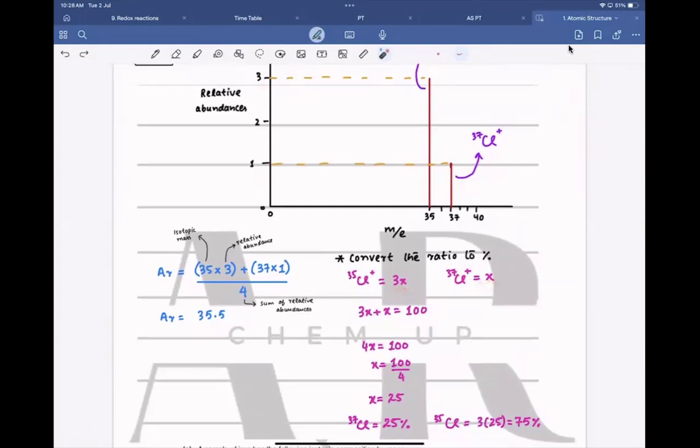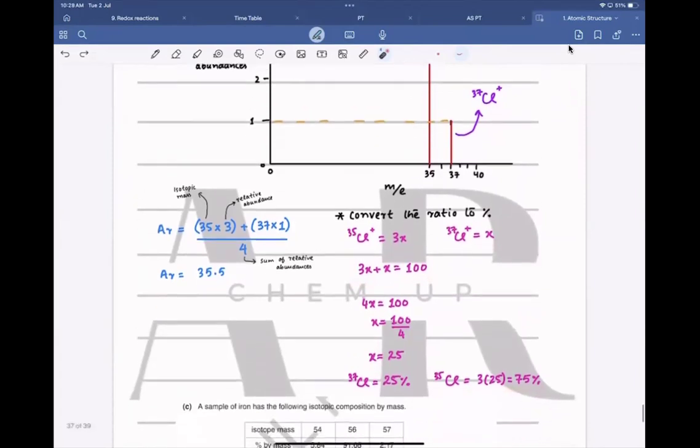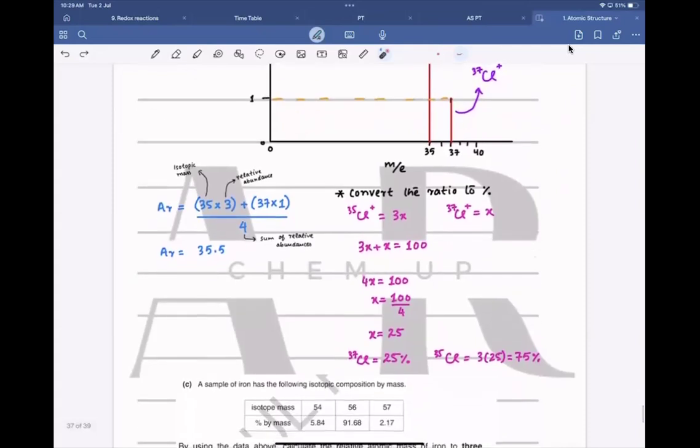Then we know obviously that if the whole chlorine has only this, 3x plus x is going to equal 100, right? Yes. So then we calculate the value of x. So we'll be able to find its percentage and then we multiply it by 3, so we'll get the percentage of the other isotope. Is this clear? It's simple maths. Yes, sir, it's simple maths.